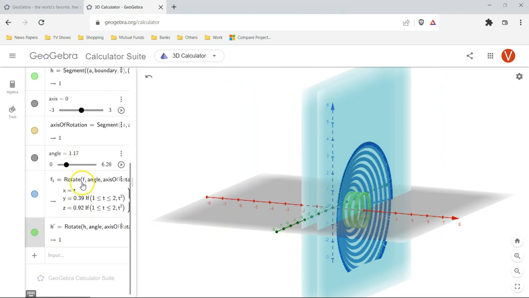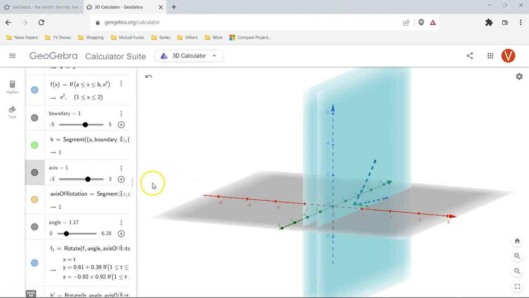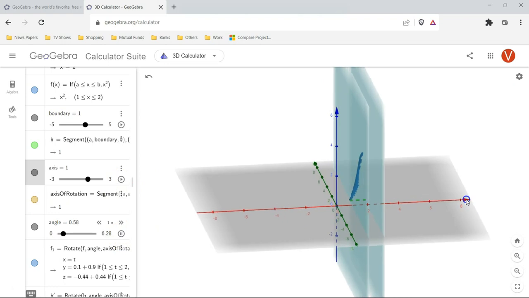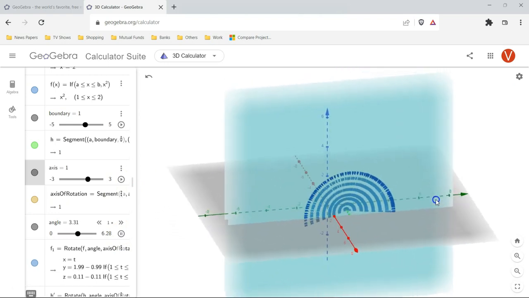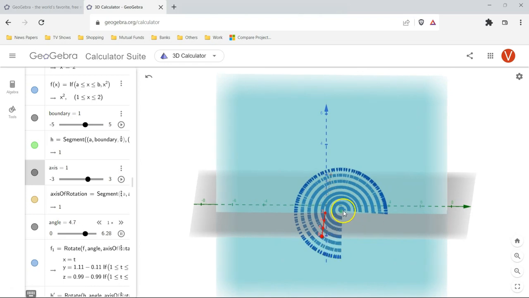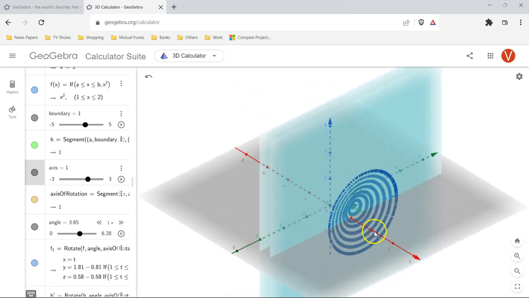Now what we'll do is we'll change this. Let's change the axis to 1 and let's see what happens. Right? So instead of on the x-axis, it is rotating around y is equal to 1.